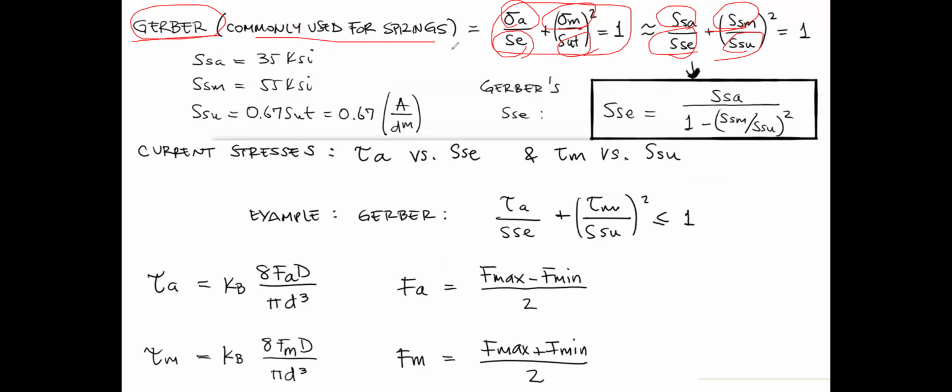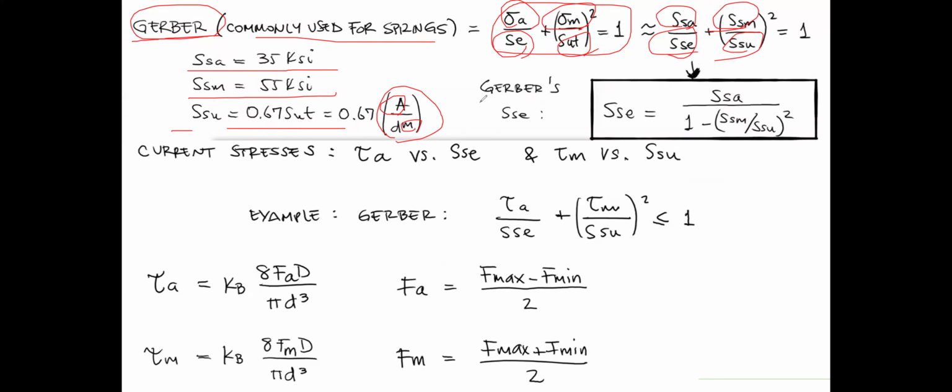So in the same case, the SSE equals 35 KSI, SSM equals 55, SSU equals 0.67 SUT.